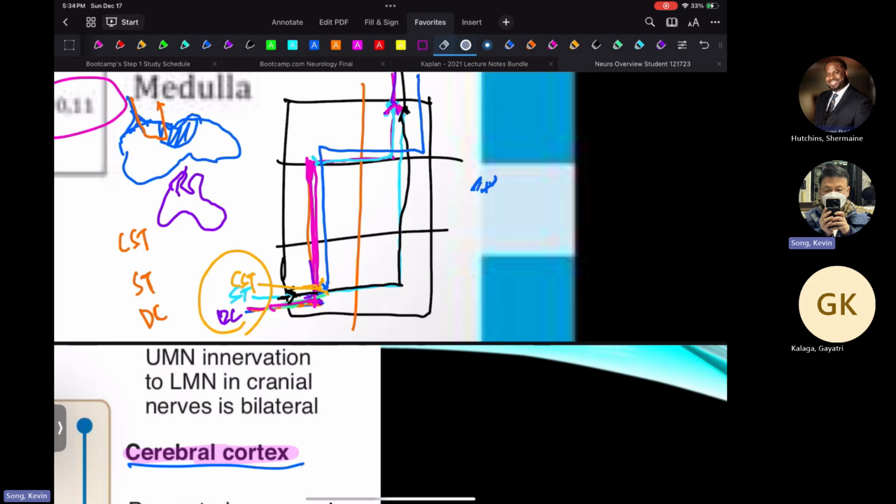If I had a lesion in the spinal cord, in a region here, what cranial nerve will be affected? If I had a spinal cord lesion, what cranial nerve will be affected? Do I even have any impact on the cranial nerves? Can anyone answer?